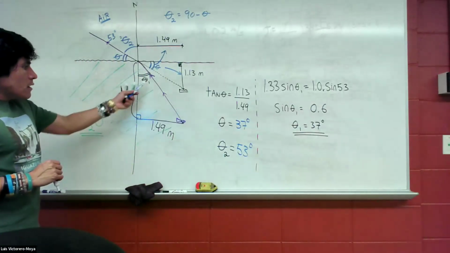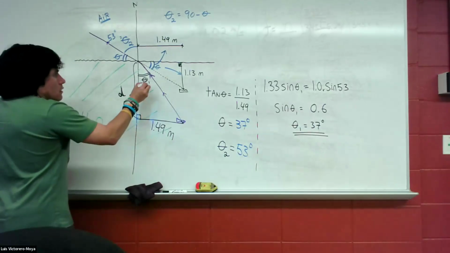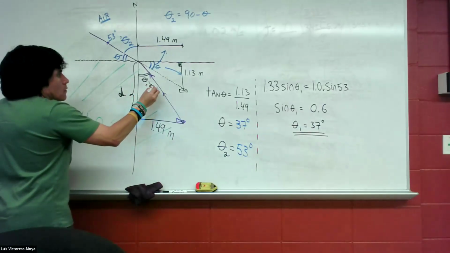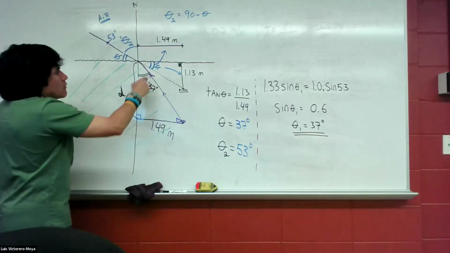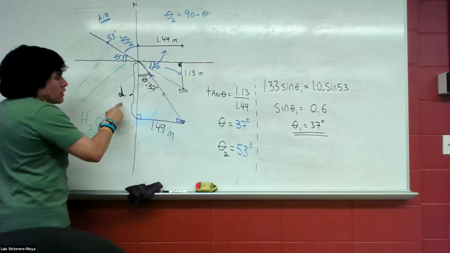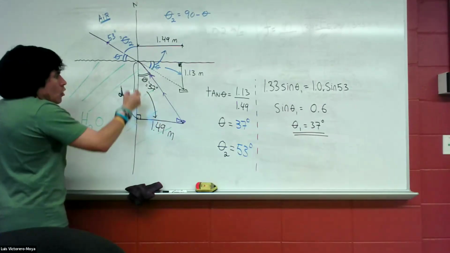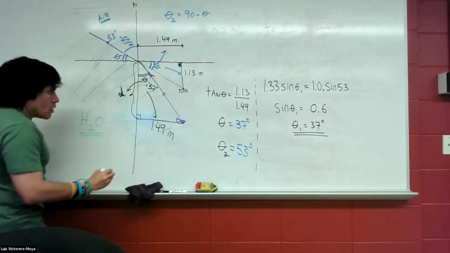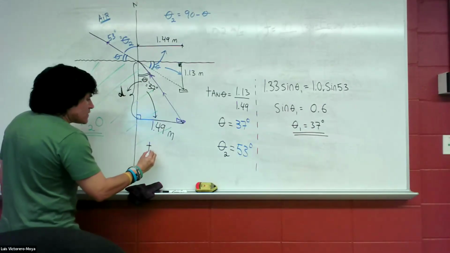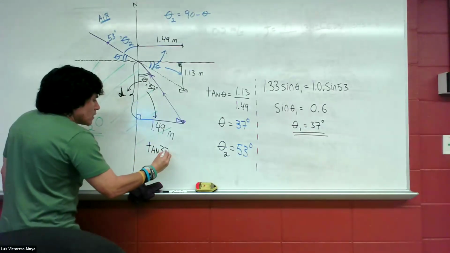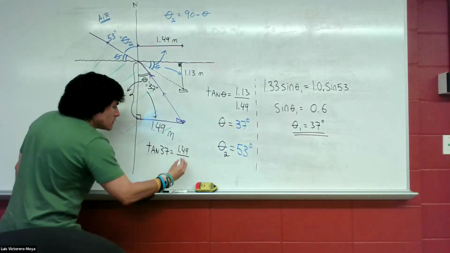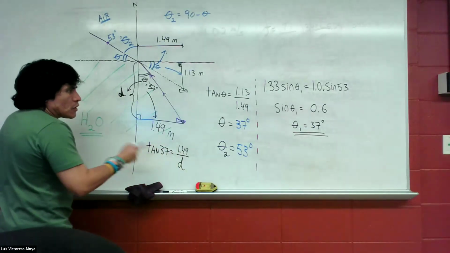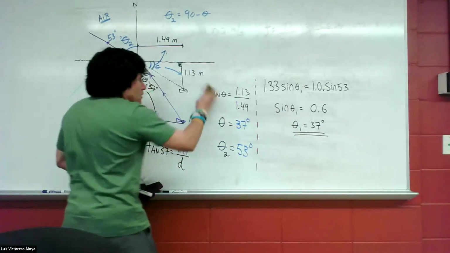So if that's 37, I can find this over this. Opposite over adjacent, so tangent of 37 is opposite over the distance. So how do you solve? I'm not going to assume that you guys can do this, by the way.